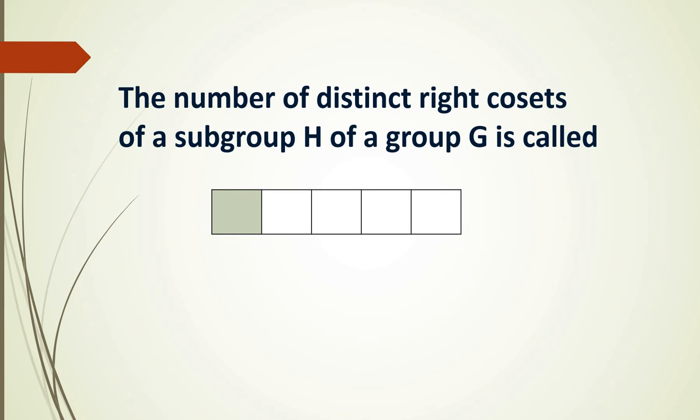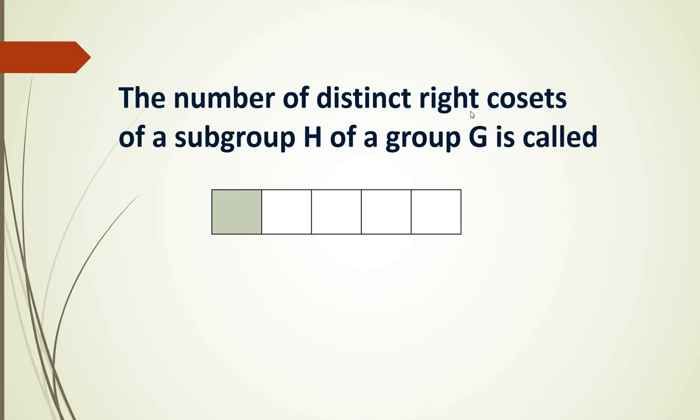The number of distinct right cosets of a subgroup H of a group G is called. Remember, you can partition a group with the help of a subgroup, and each partition we know already as a coset. It can be a right coset or left coset, depending on how you define the relation. Unless you have a subgroup, you cannot talk about right coset or left coset.